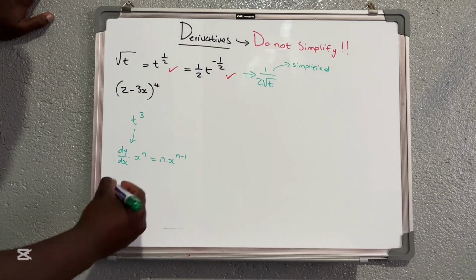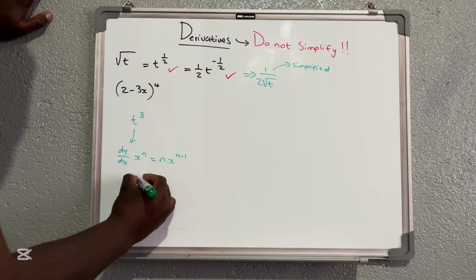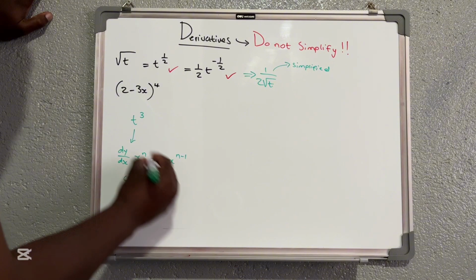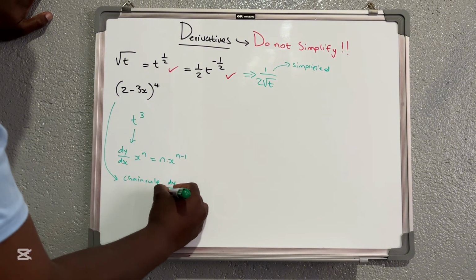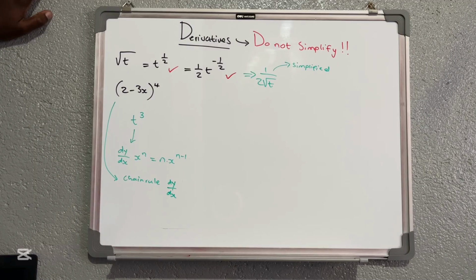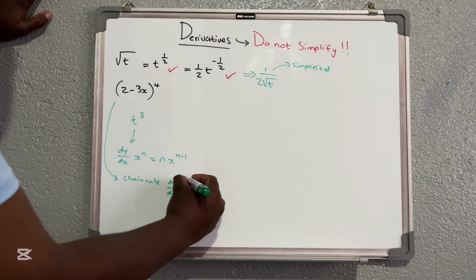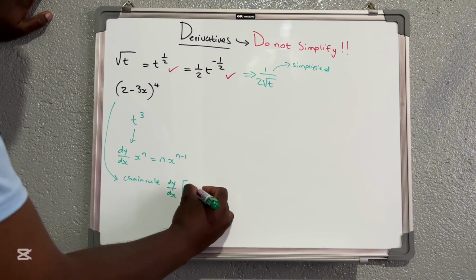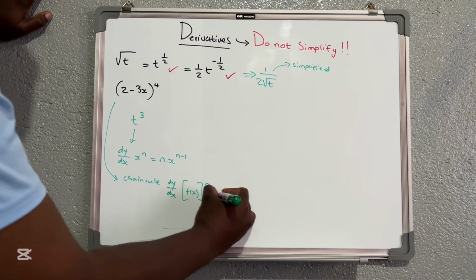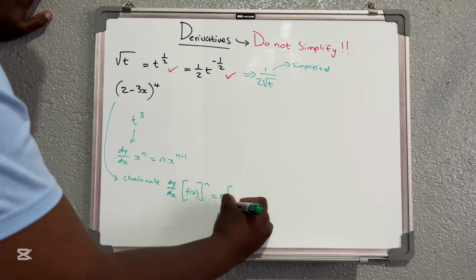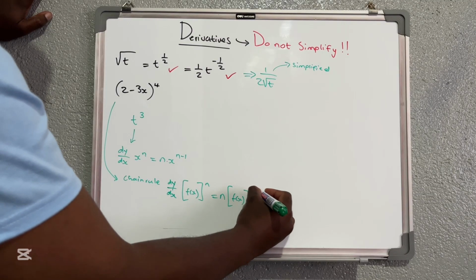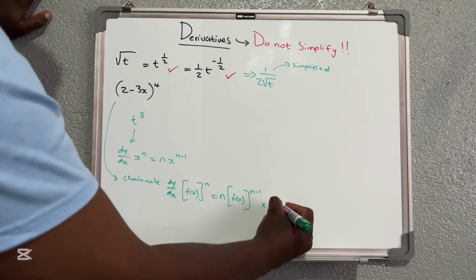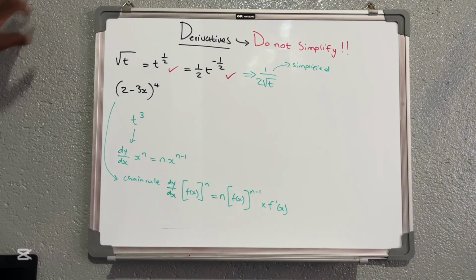So what does the formula from the chain rule say about this one? The formula for the chain rule says if you are differentiating dy over dx of f of x to the exponent n, then you have n, you have f of x to the exponent n minus 1, multiplied by the derivative of what's inside.